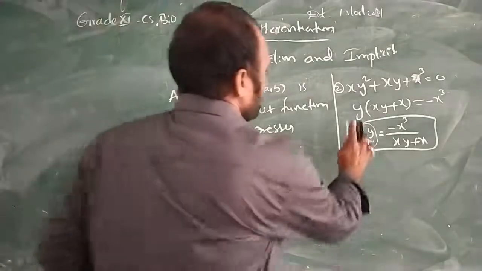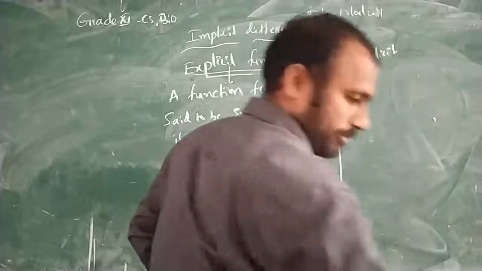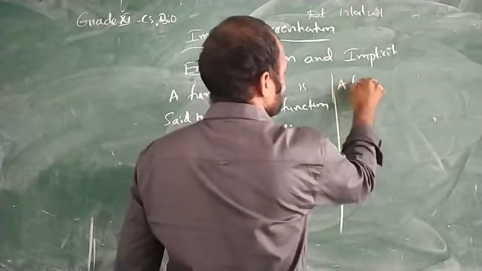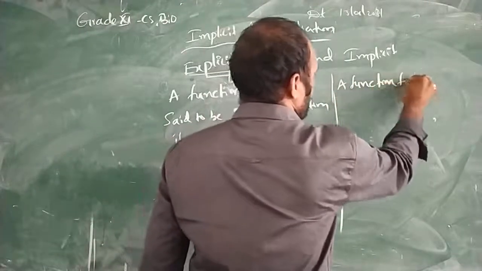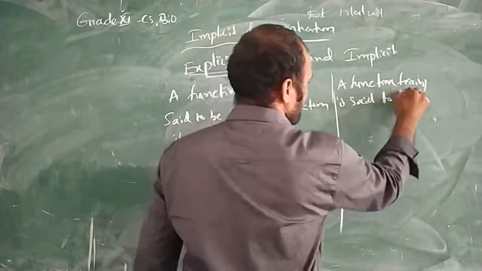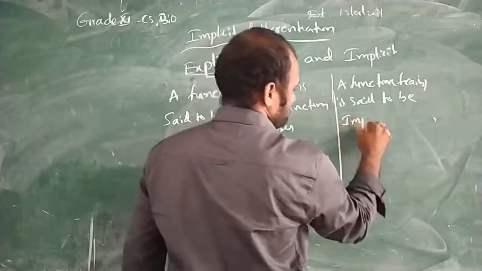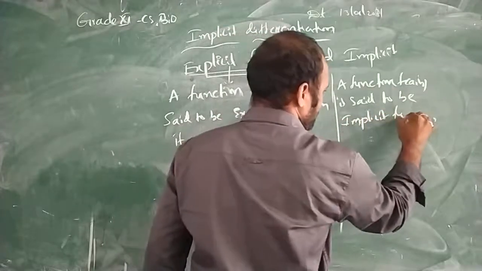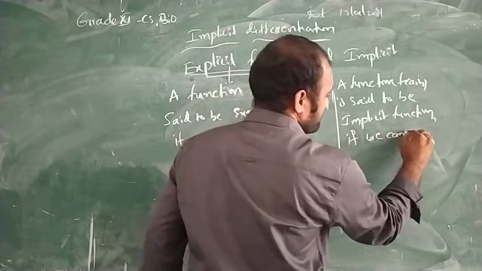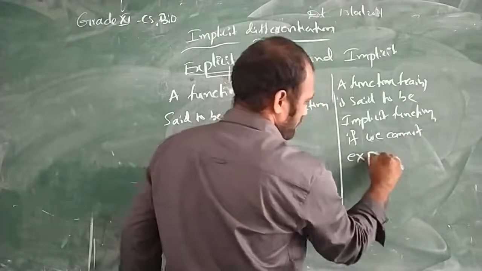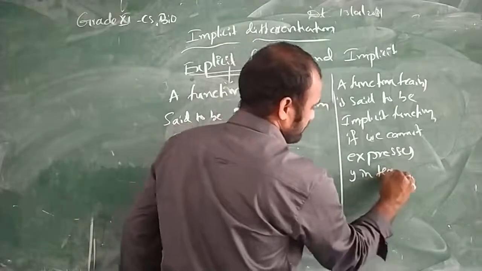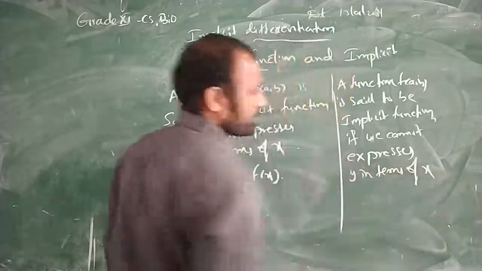Next, based on the second example, a function f of a comma b is said to be implicit function if we cannot express y in terms of x.